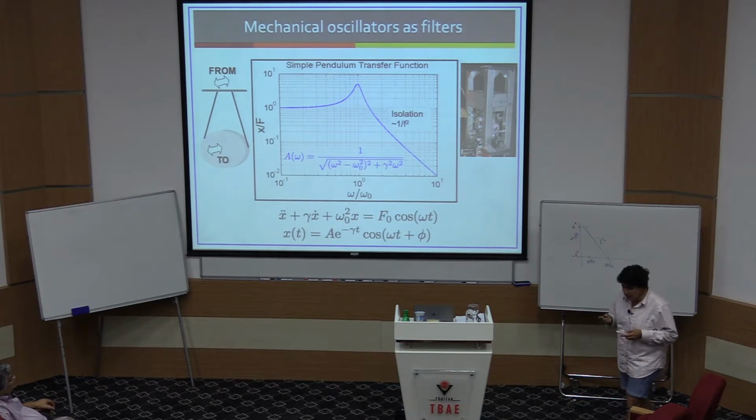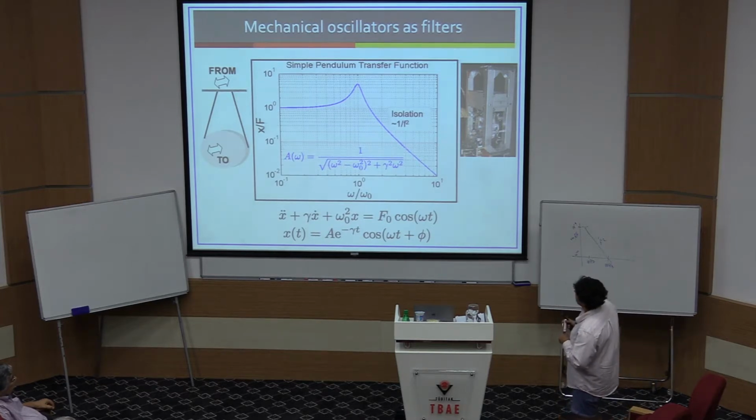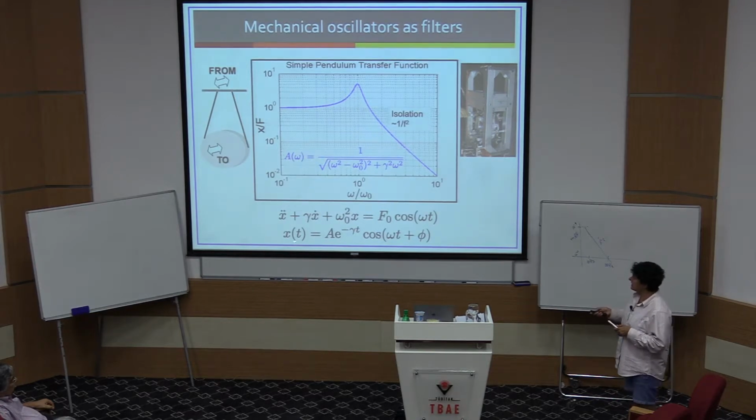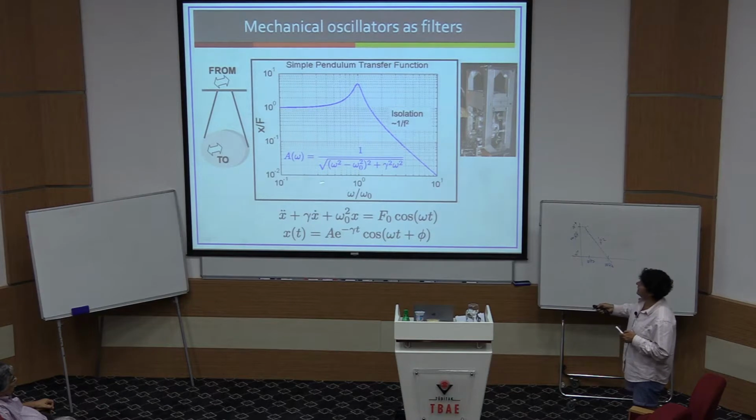So this is another version of the frequency domain that I want to introduce to you. This is the time domain solution, and this is the frequency domain solution of the exact same thing. And here then is what it looks like in the frequency domain. This is a plot of the displacement over the force. So this is the motion of the bottom of the pendulum, the mirror, to the force applied at the top.